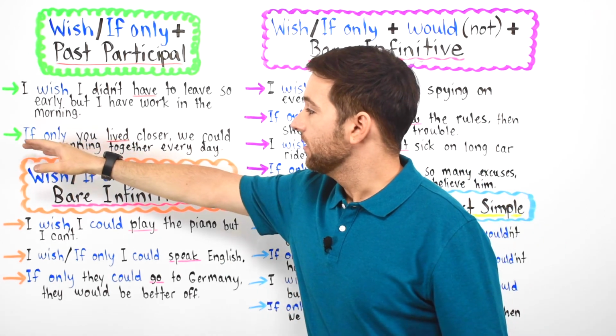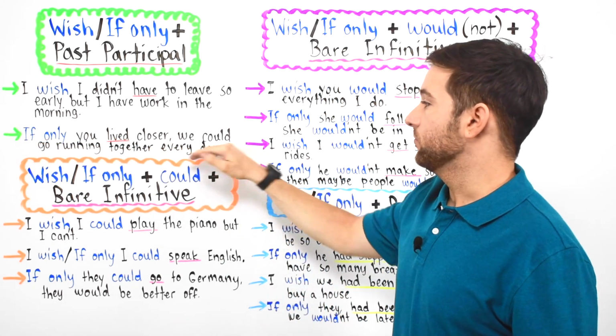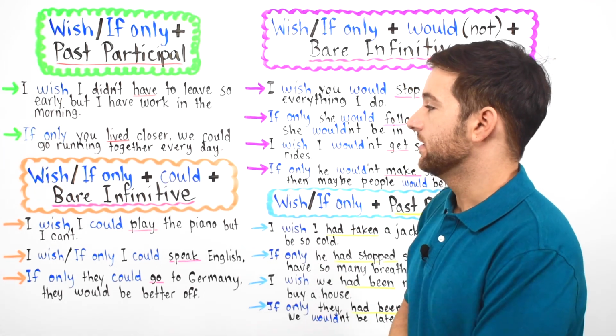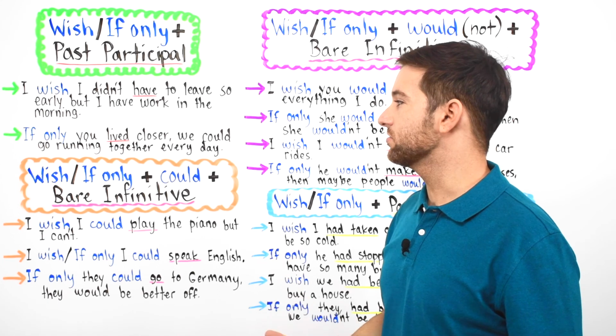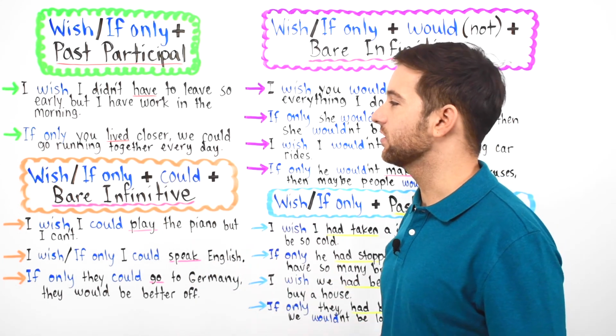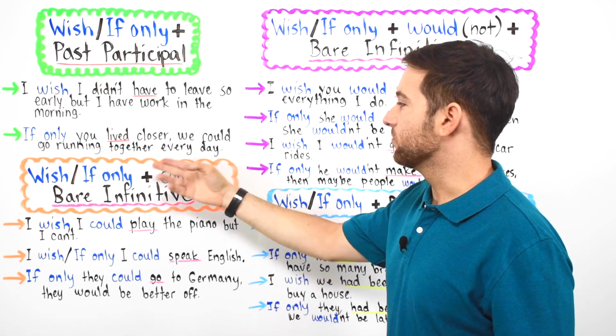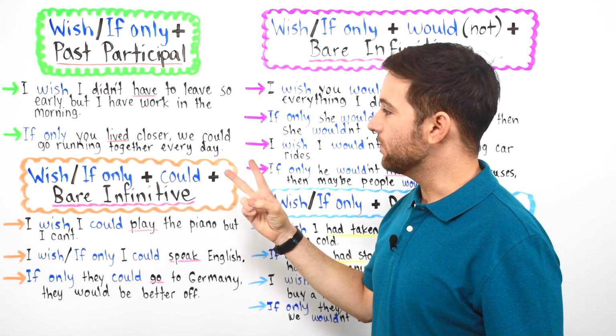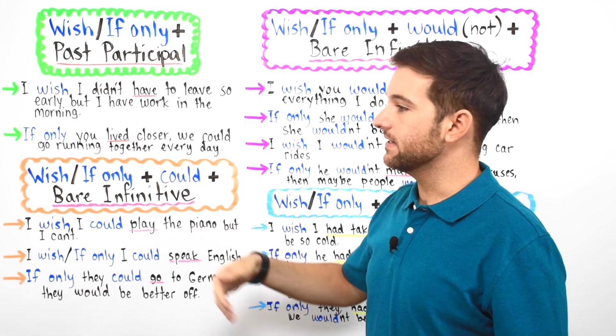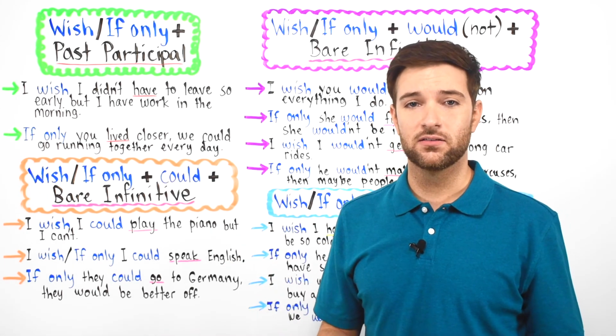Next we have, if only you lived closer. We could go running together every day, right? So, if only you lived closer to me, or if only you lived closer, we could go running together every day, right? So there's two people here, and one person is saying to the other person that they live far. They're not close.